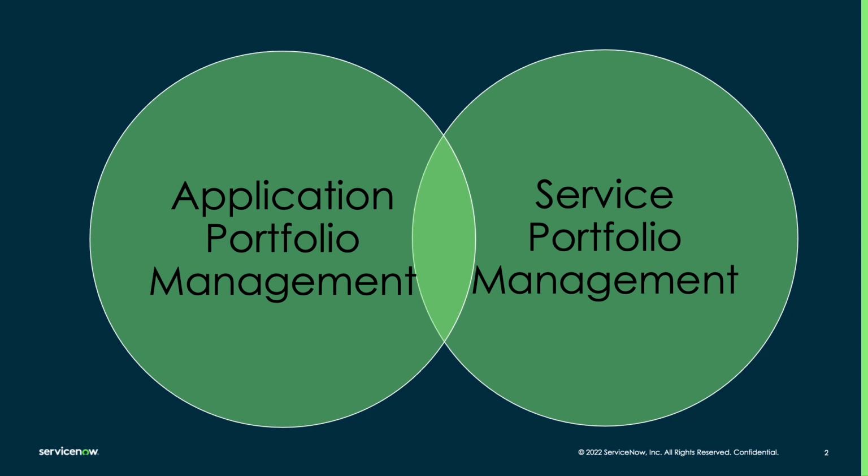Yeah. And I kind of grew up in the application space, in the APM space. I was the product manager for that product when it came out originally six years ago now, boy. We had the same questions: what's the difference between an application and a service? Both coexisting on the platform gave us a unique opportunity to bring them together. One, we're on the same platform, so why not?